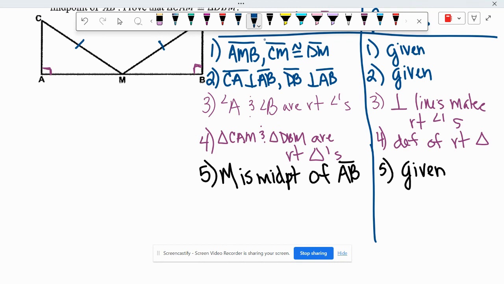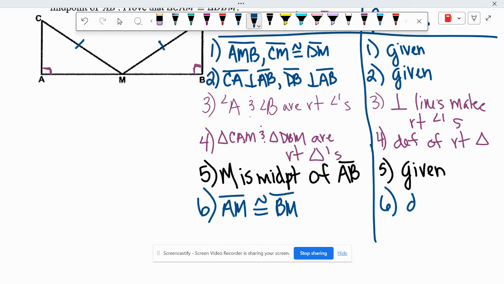Say it again. Yeah. So if M is the midpoint of segment AB, what does that mean AM and BM are to each other? Congruent. Let's say that. So if M is the midpoint, then segment AM is congruent to segment BM.